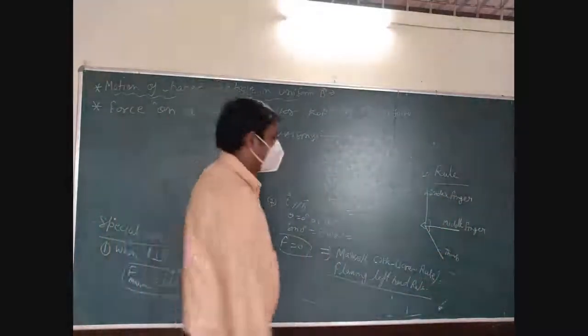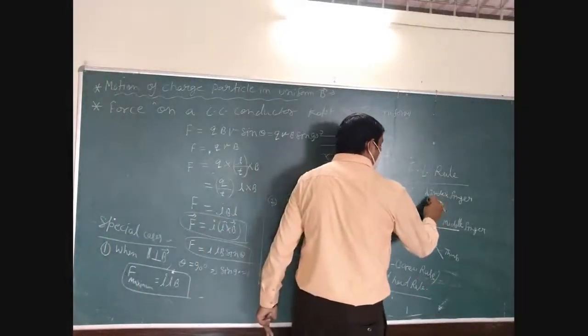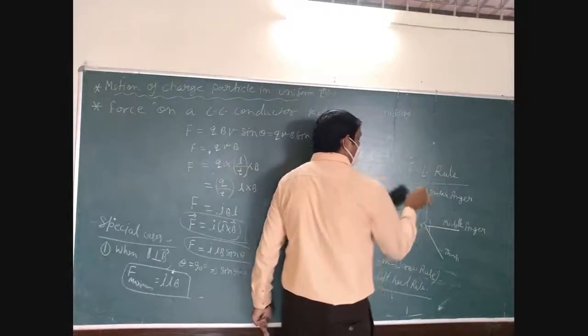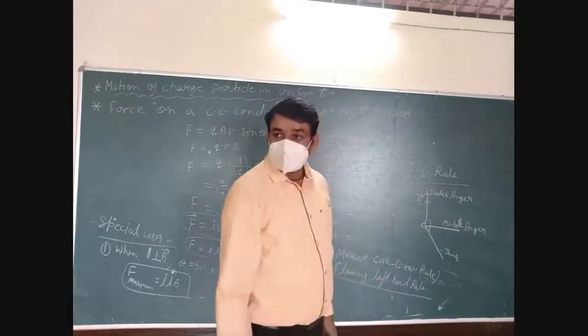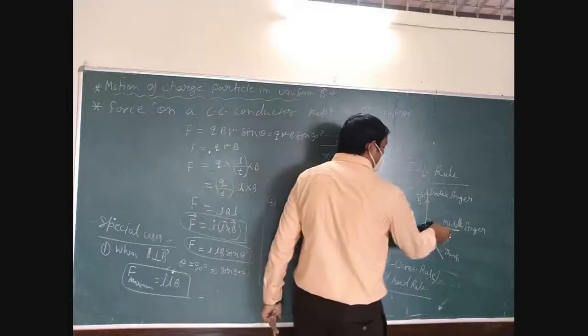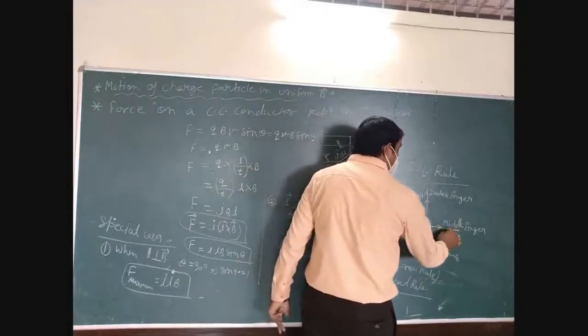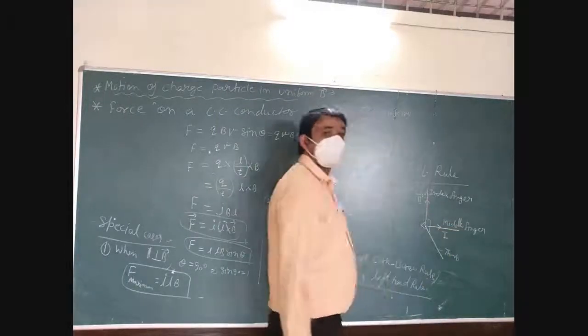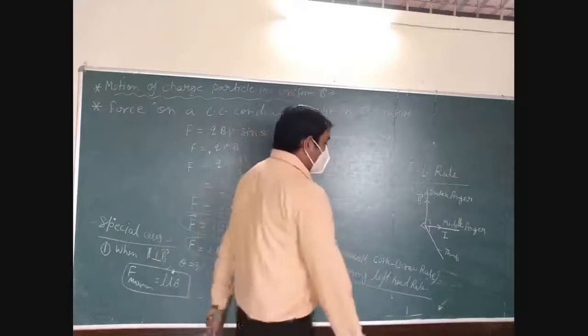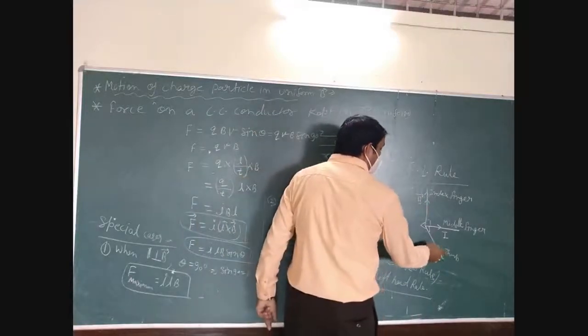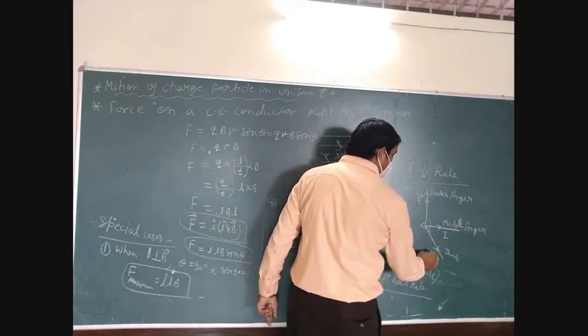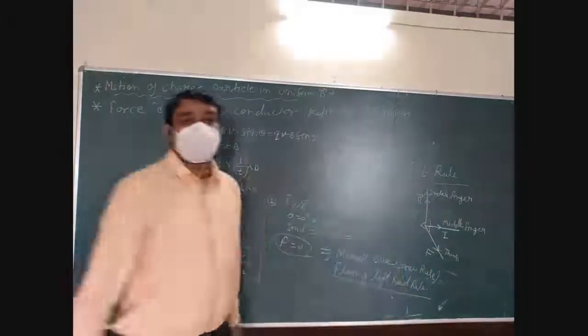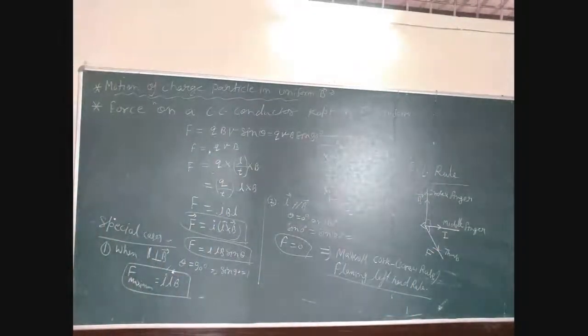Then if the index finger indicates the direction of magnetic field, and the middle finger indicates the direction of current, then you can easily find the direction of force by the thumb. Okay, just form it. It is easy to understand.